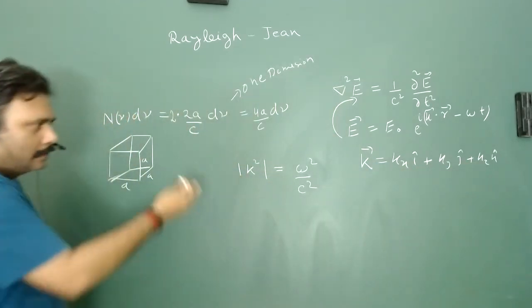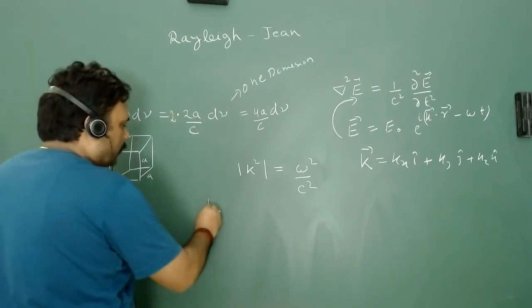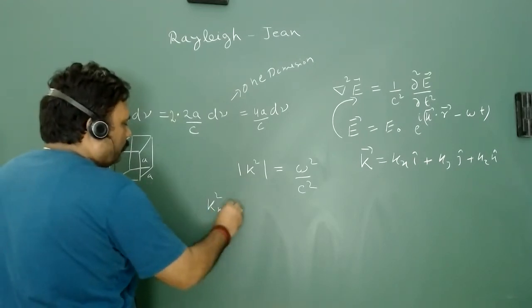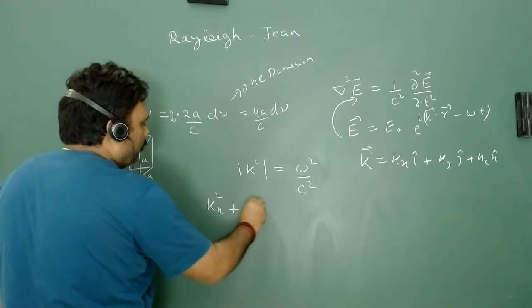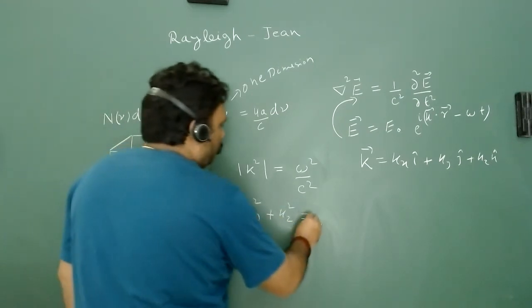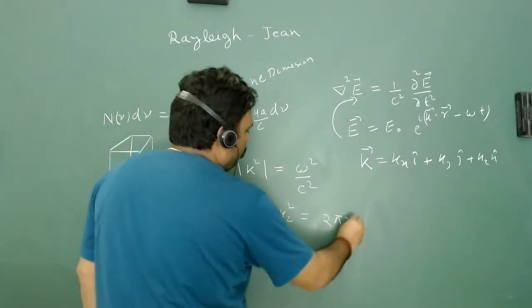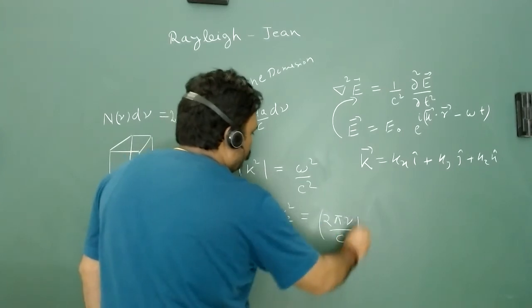So we can use this relationship. Then we can write kx square plus ky square plus kz square is equal to omega square upon c square, and this can be written as (2 pi nu upon c) whole square.